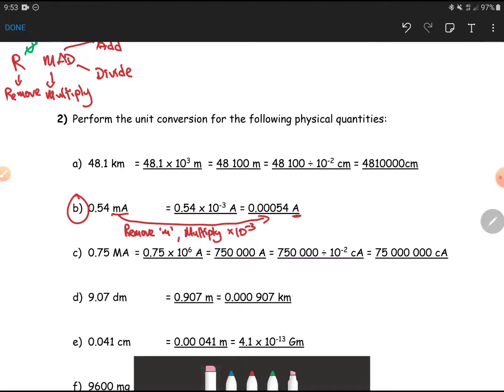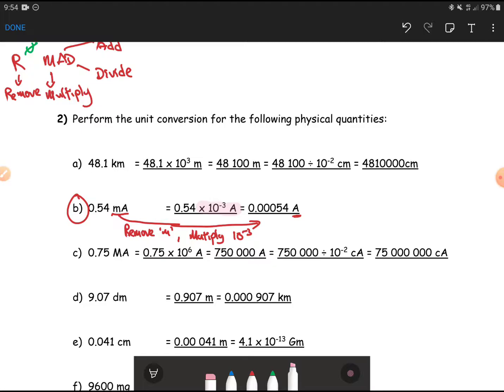Oops, sorry about that. Let me just redo that again. So we have to multiply by 10 to the power of negative 3, all right, which is what you see happening over here. You press that in your calculator and you should be able to get this value itself.